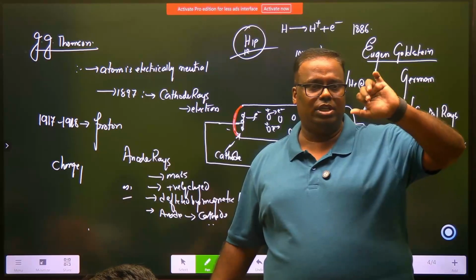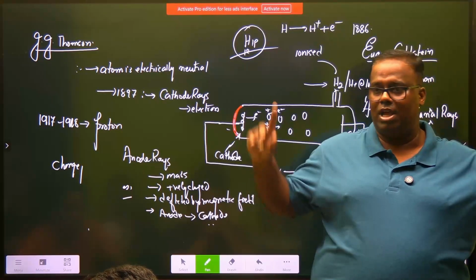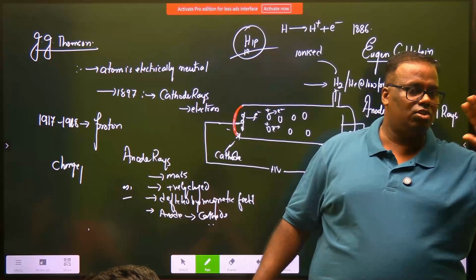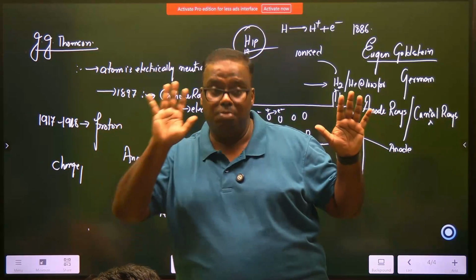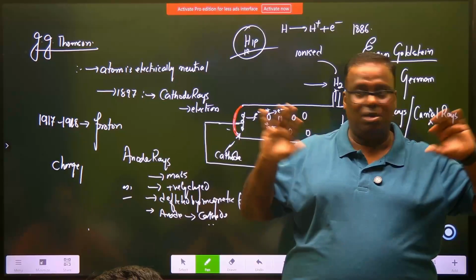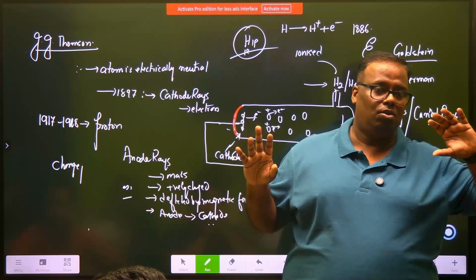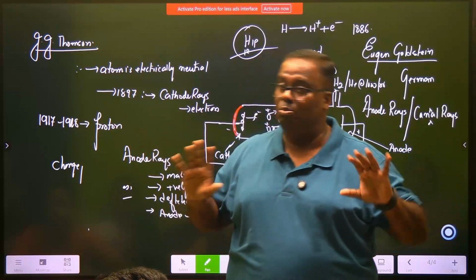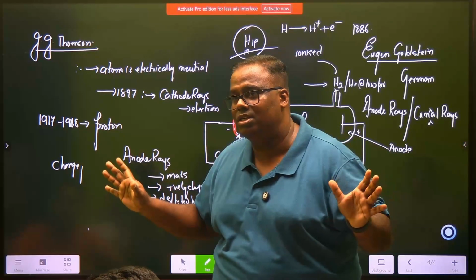If we look at the two types of rays, cathode rays travel from cathode to anode, negative to positive. Anode rays travel from positive to negative. Cathode rays are actually a stream of particles called electrons. Anode rays are a stream of ionized gases. They become protons only when the gas is hydrogen. Both have mass associated with them, both are capable of rotating paddles, and both get deflected by an external electric field and an external magnetic field.